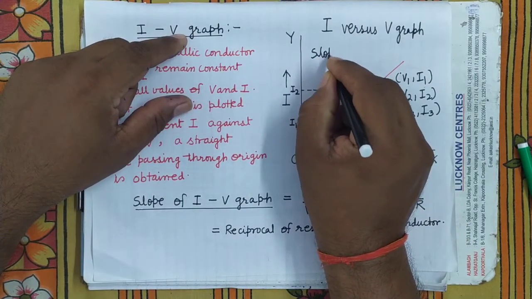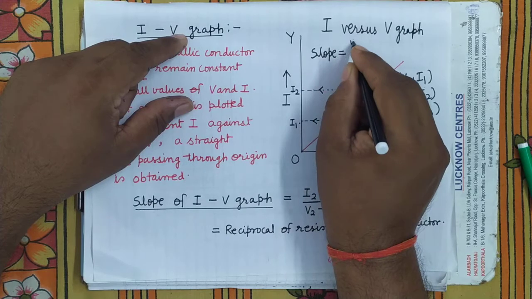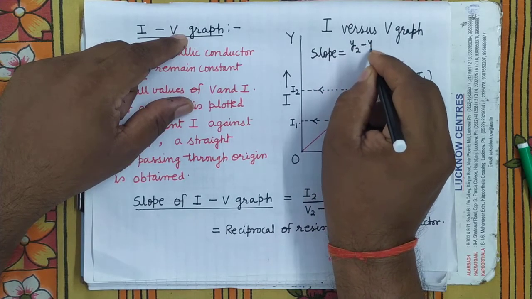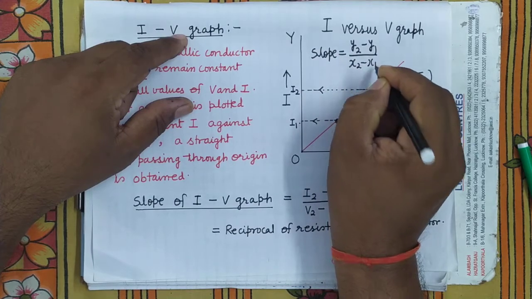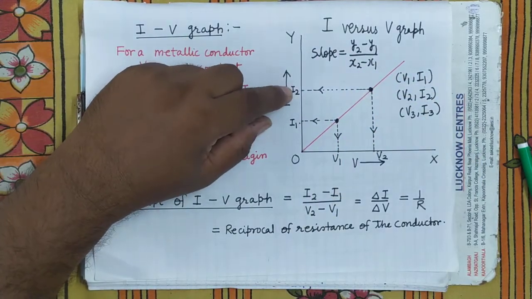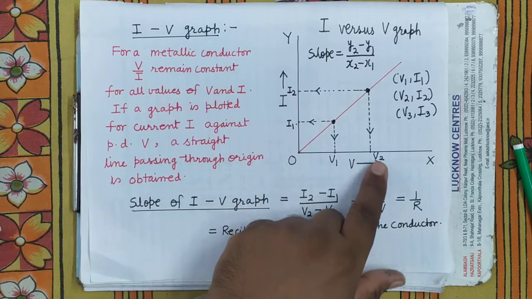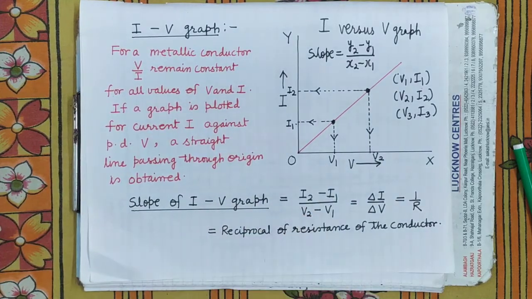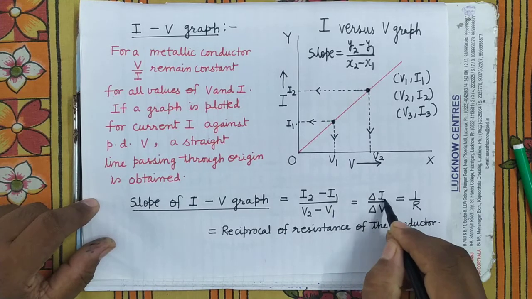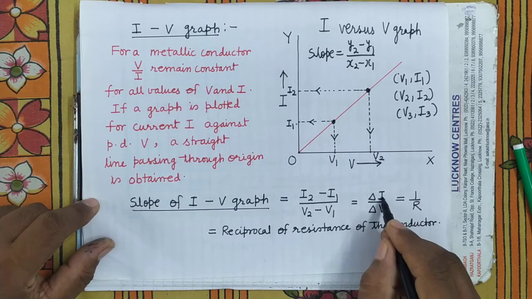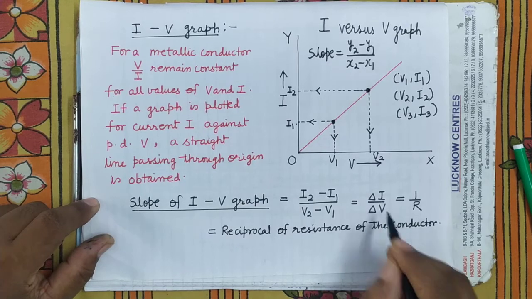You have already studied in coordinate geometry: y2 minus y1 upon x2 minus x1. Is it clear? So here it will be I2 minus I1 upon V2 minus V1. This you can write as delta I, the difference of two values of I, divided by delta V.